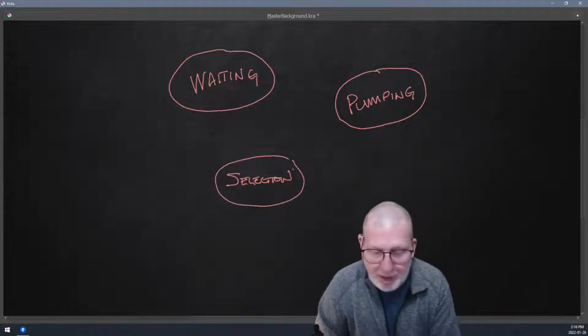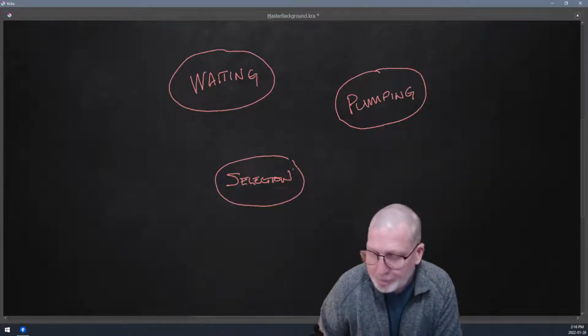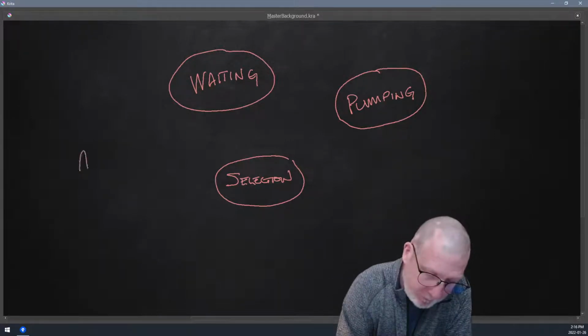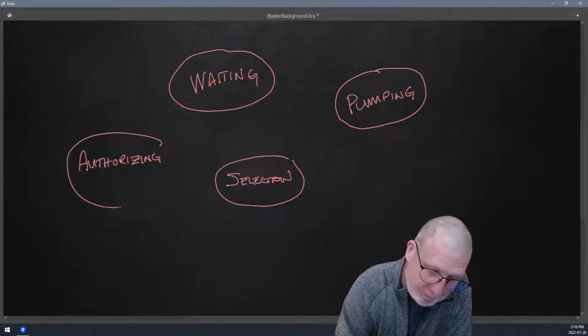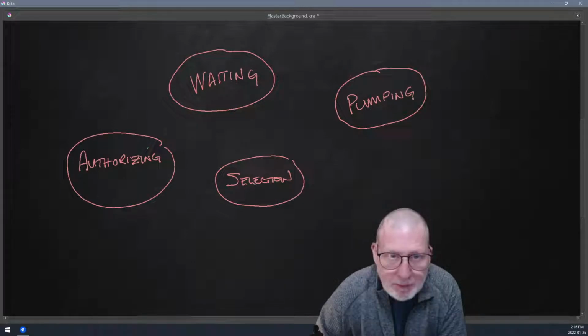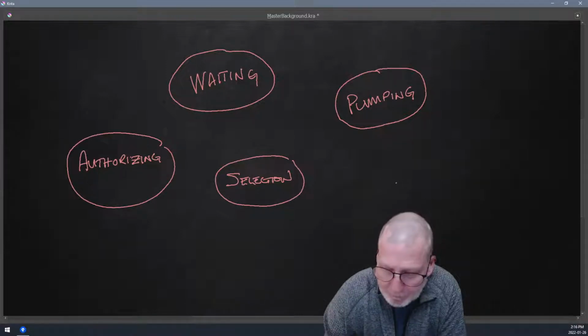What other things do we need? It could be processing pay. Anything else?